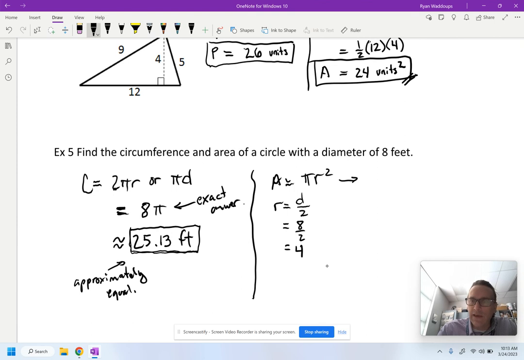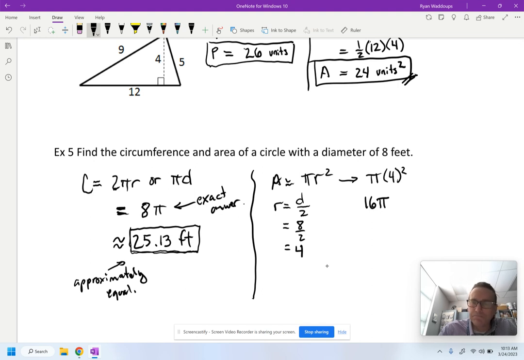And so we can then say that our area is pi times 4 squared, that's pi r squared. And 4 times 4 is 16, so this is 16 pi.